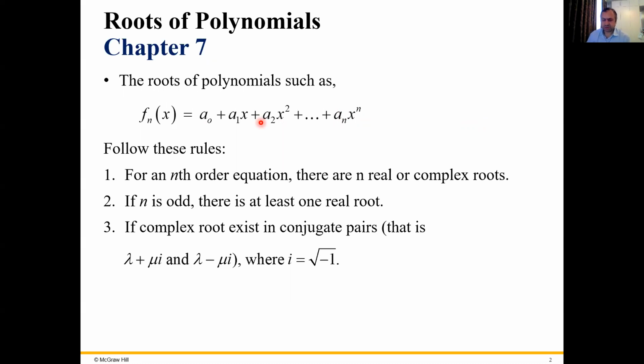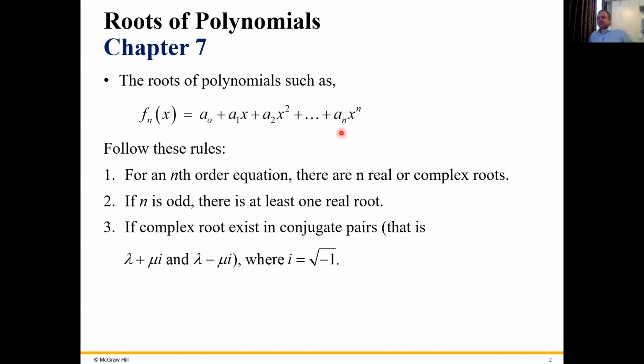These constants can be real numbers, or even complex numbers as well. But for simpler cases, we will only consider those constants as real numbers. So this form of the equations is the polynomial form.